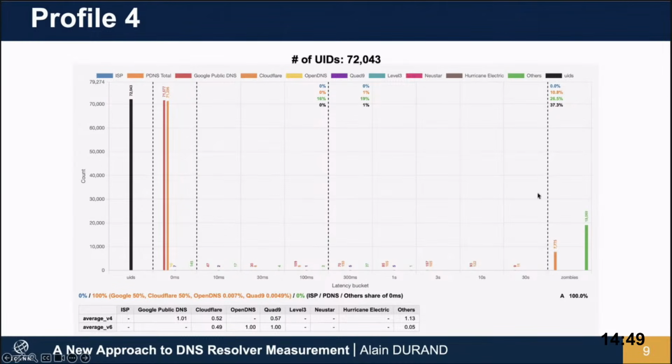Another surprise here: if you look to the right-hand side, the zombies, you see a total of about 37% of queries being replayed more than 30 seconds later. Sometimes it's an hour later, sometimes it can be a day or two, or a week later. And you see that those queries are mostly repeated in green, meaning not by the ISP, not by public DNS, but by somebody else.